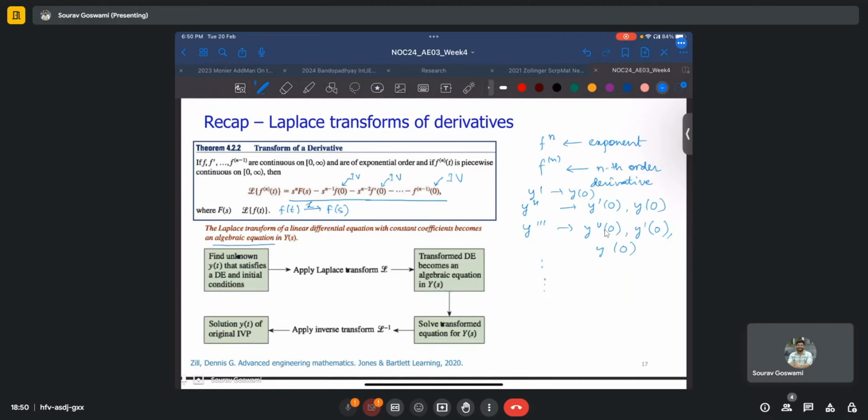We will solve the algebraic equation, so it will have polynomial terms. It might involve again decomposition to partial fractions and so on. Once we have solved the equation for Y of s, we simply apply the inverse Laplace transform and we are back in our t space again, and we have a solution for the original initial value problem that was supplied to us.